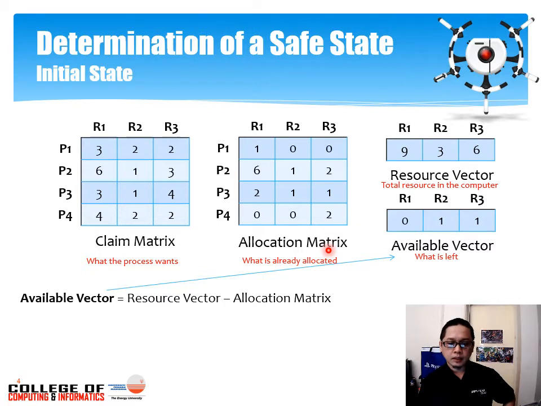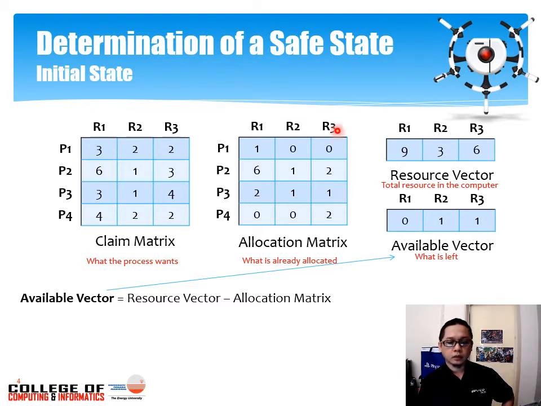So the allocation matrix means that for now, 1 has already been given to process 1. For P2, 6 of R1 is already given, 1 of R2 is already given, and 2 of R3 is already given. For process 3, 2 units of R1 are already given, and 1 unit of R2 is already given.